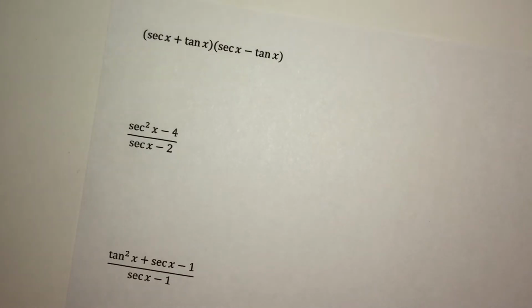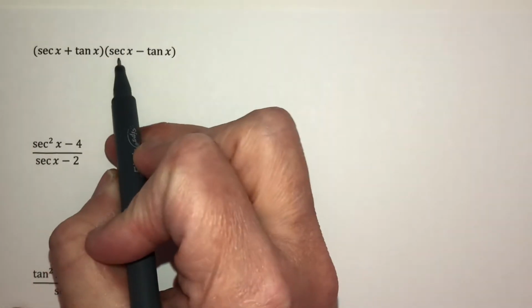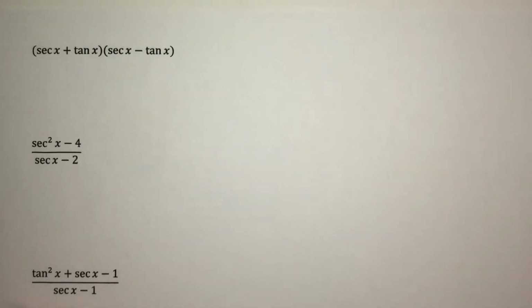Okay, so let's try the same thing here. Secant x plus tangent x times secant x minus tangent x. Well, I can change these into sines and cosines, and I may end up doing that. But what I notice is I'm thinking algebraically too.